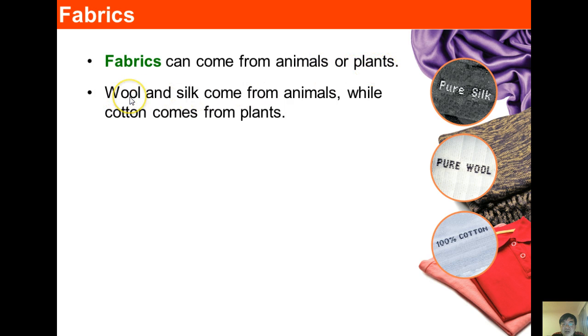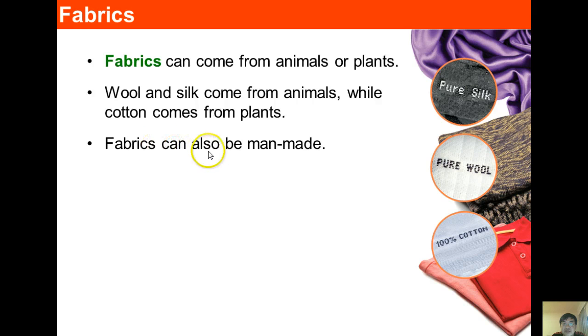Wool and silk are from animals. Silk is from silkworms, wool is from sheep, and cotton comes from cotton plants. All these are woven together and are called fabrics.